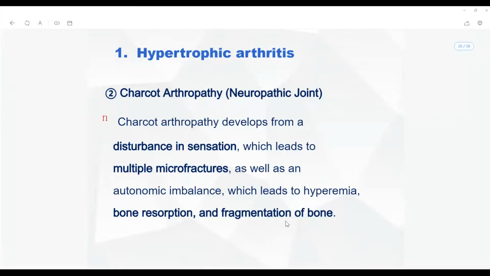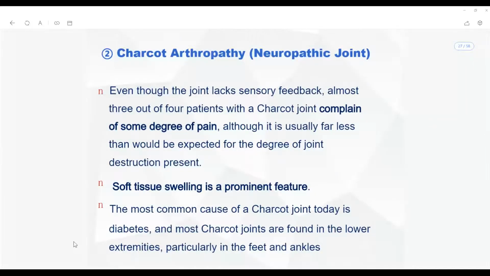So now what happens? Generally joints do not have any kind of sensory feedback. There are technically no nerves present along the joint, because it is a space, right? But generally in Charcot joints, these people will complain that there is some degree of pain.